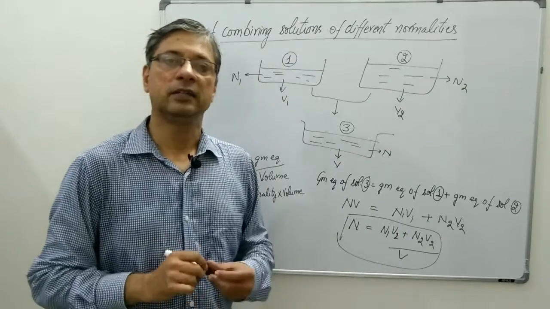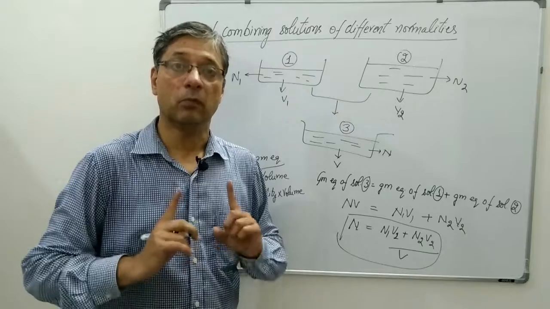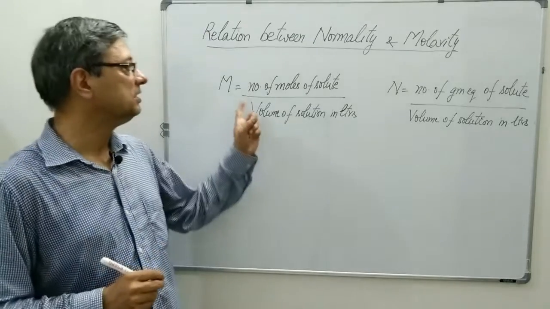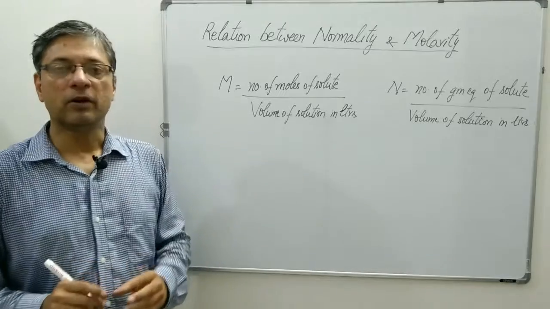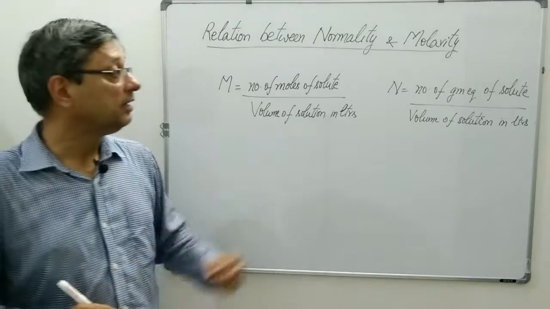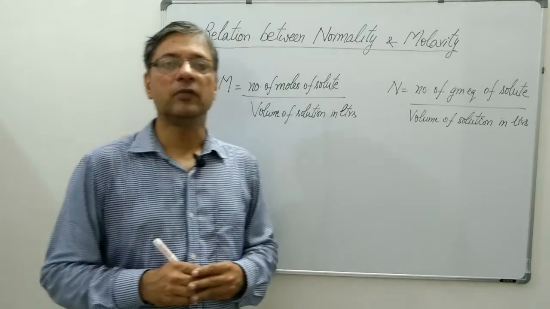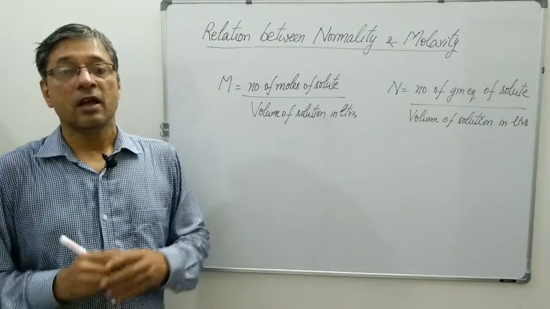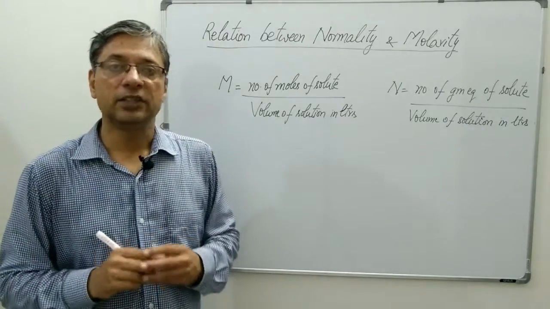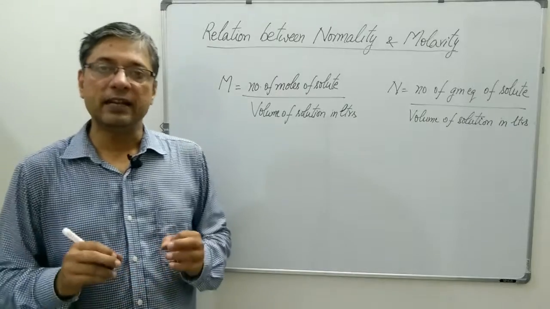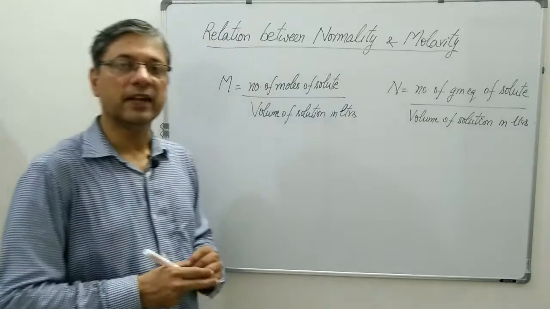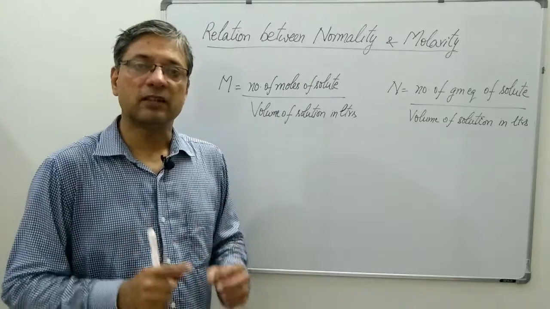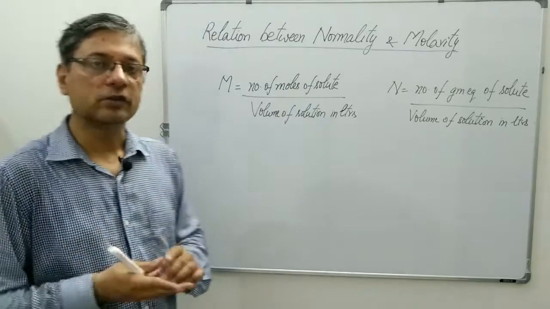Let us now understand the relation between molarity and normality. The formula of molarity, that is M, is equal to number of moles of solute upon volume of solution in liters, and normality is number of gram equivalents of solute upon volume of the solution in liters. We have just derived the relation between gram equivalents and number of moles, and that was gram equivalent is equal to equivalence factor multiplied by number of moles.